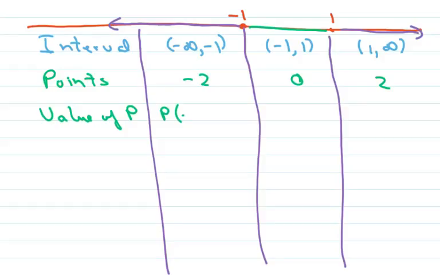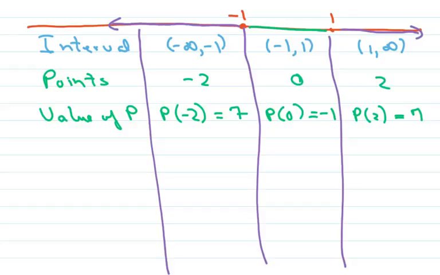So I'm going to evaluate p of negative 2, p of 0, and p of 2. And p of negative 2 is going to be 7. p of 0 is negative 1. That's your y-intercept. And p of 2 is 7, which makes sense because this is symmetric to the y-axis.